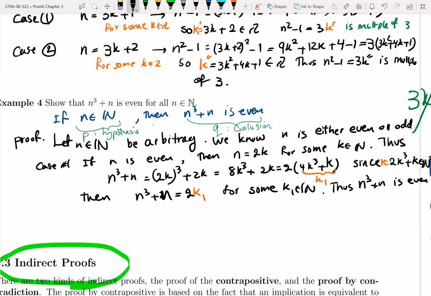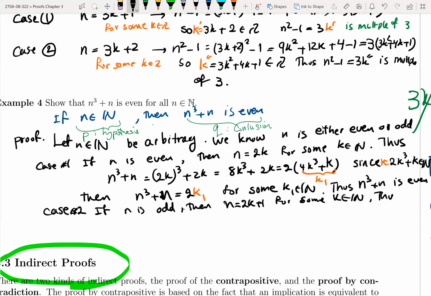And you can do exactly the same thing for the odd numbers, okay? So case number 2: if n is odd, then n equals 2k plus 1 for some natural k, and I'm copy-pasting, replacing n with the odd number this time.